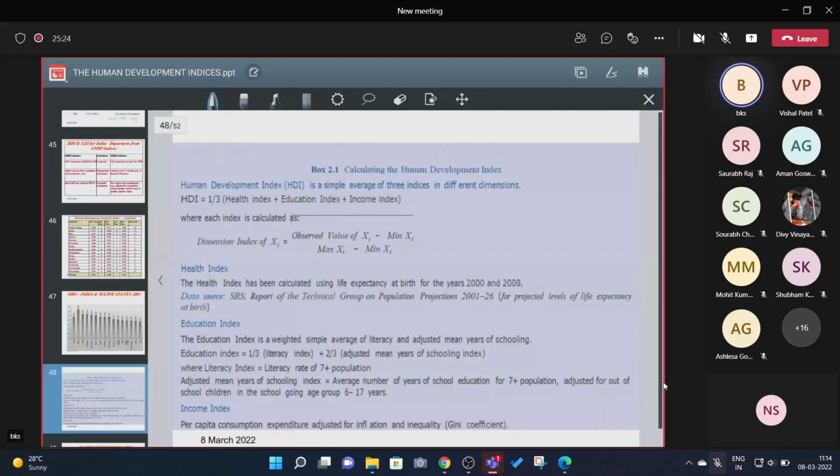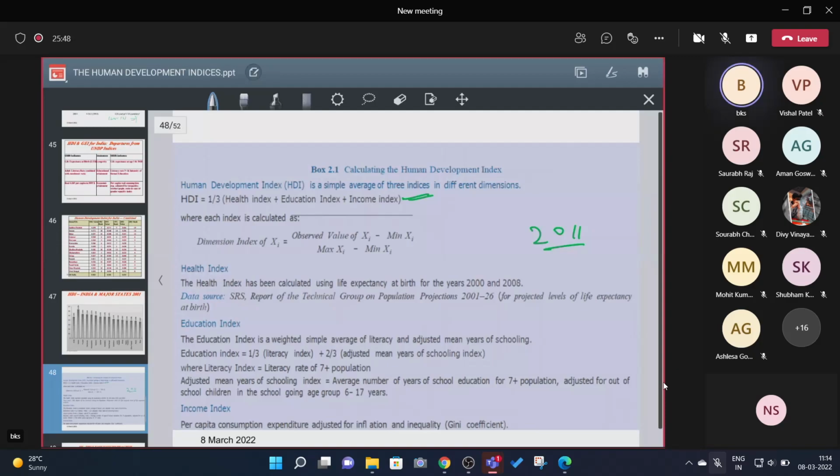The latest report is the India Human Development Index report 2011, where a similar procedure was followed, but that used the arithmetic mean to calculate the Human Development Index.